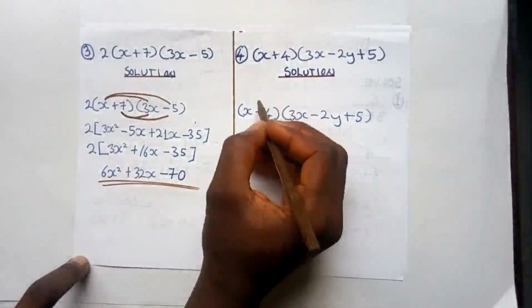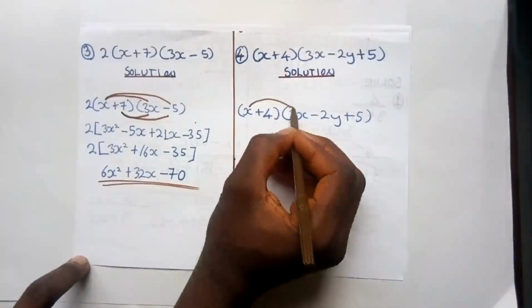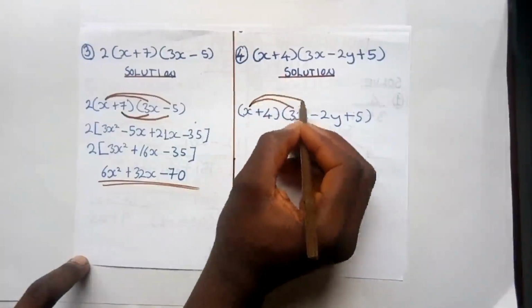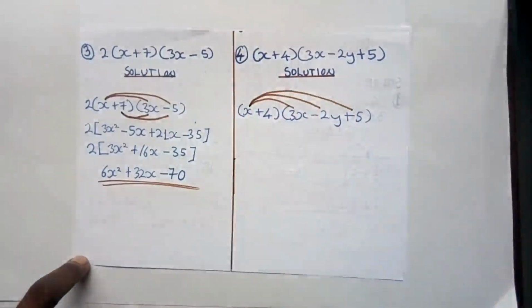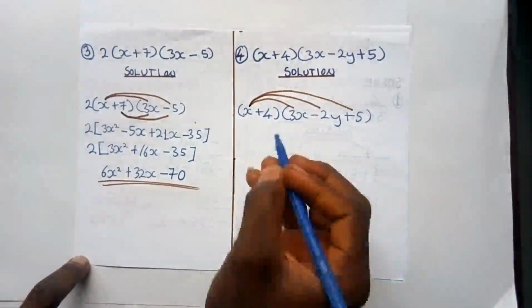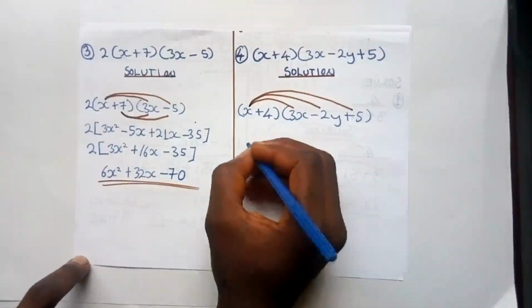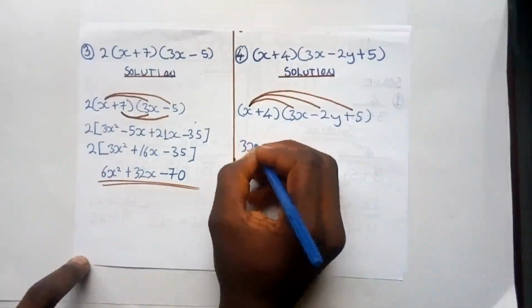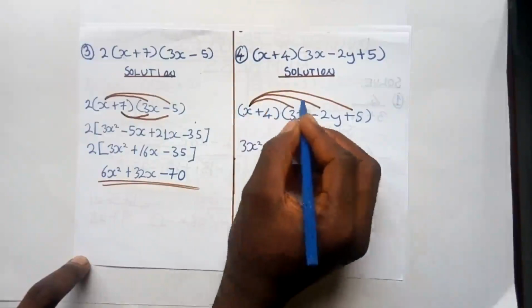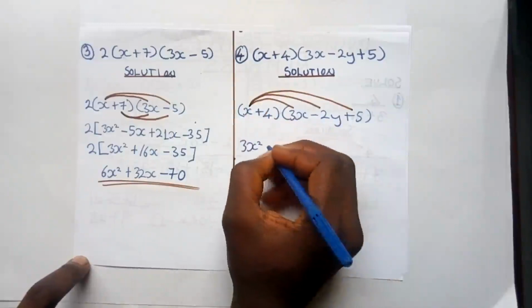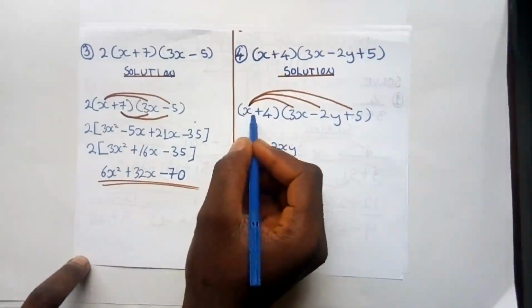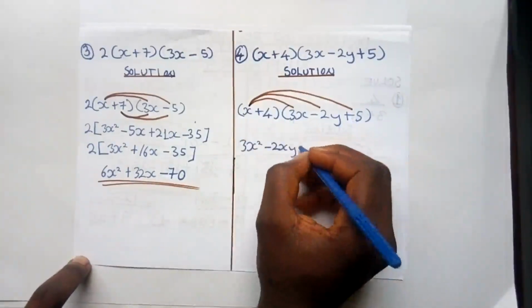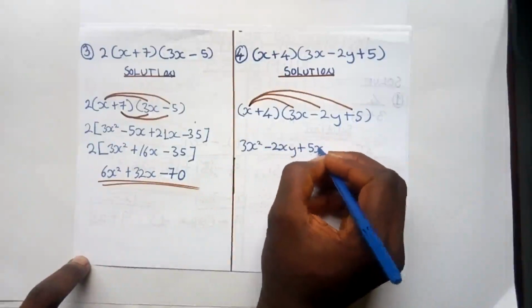Follow the same pattern. x multiplied by 3x, x multiplied by minus 2y, and x multiplied by positive 5. So x multiplied by 3x gives us 3x squared. x multiplied by minus 2y gives us minus 2xy. And x multiplied by positive 5 gives us plus 5x.